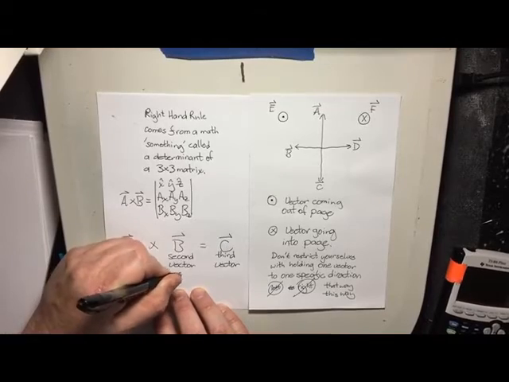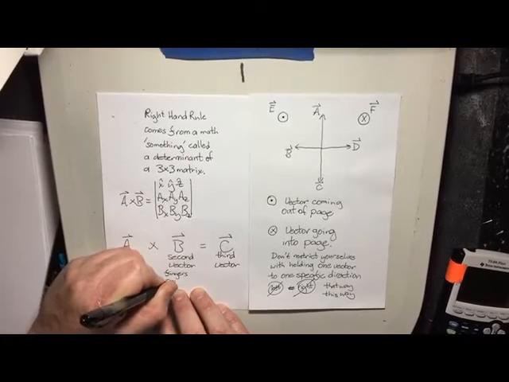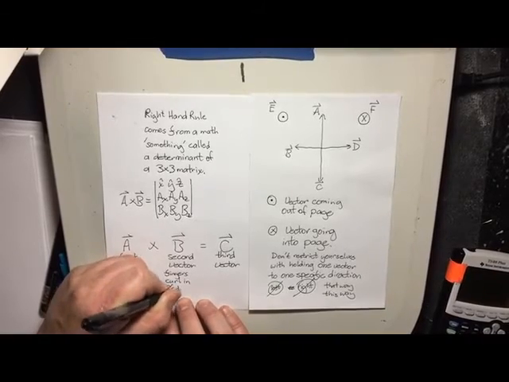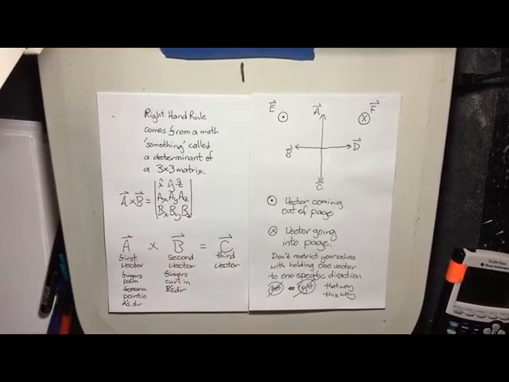Fingers curl in B's direction. And if necessary, you can rotate the arm.